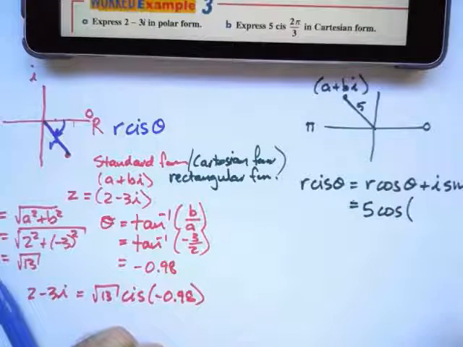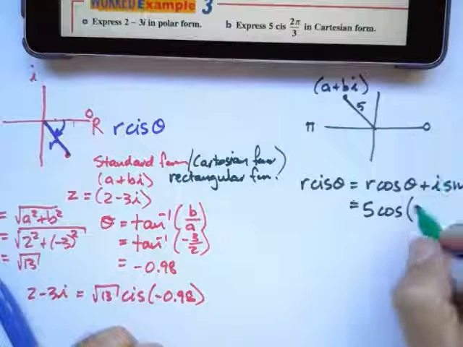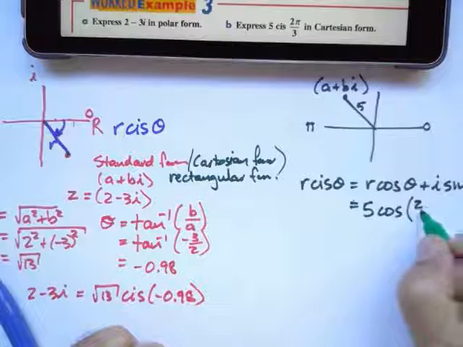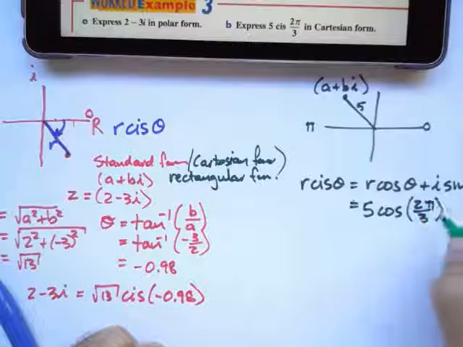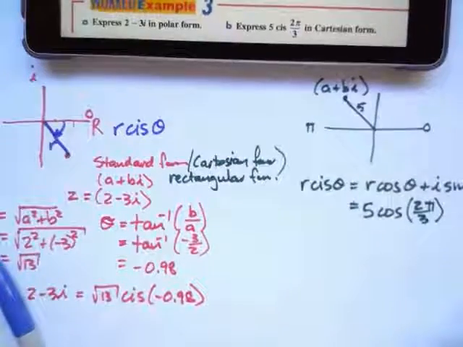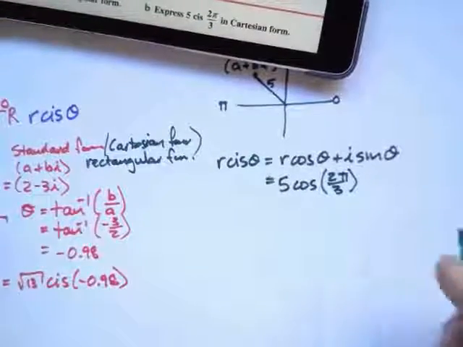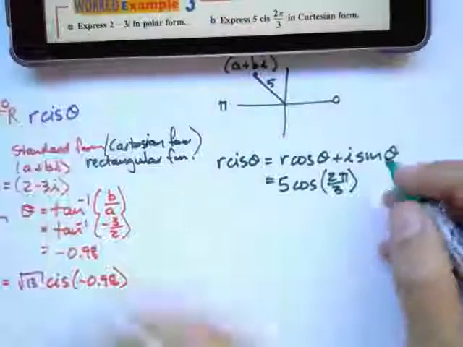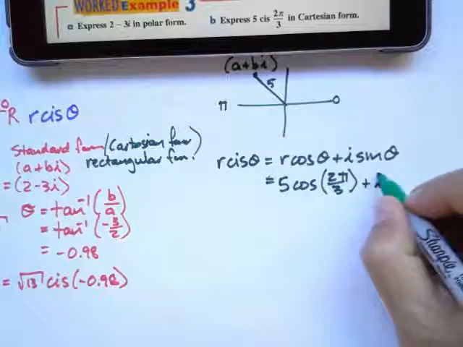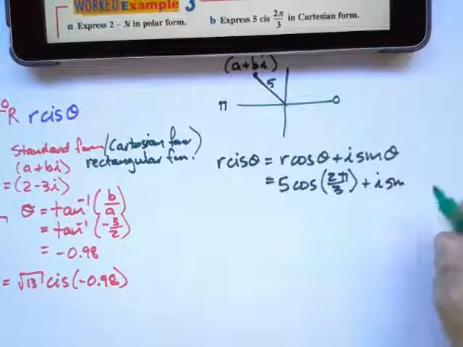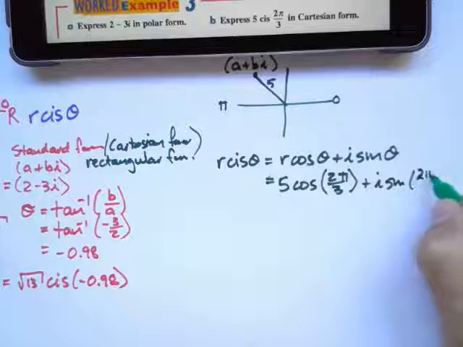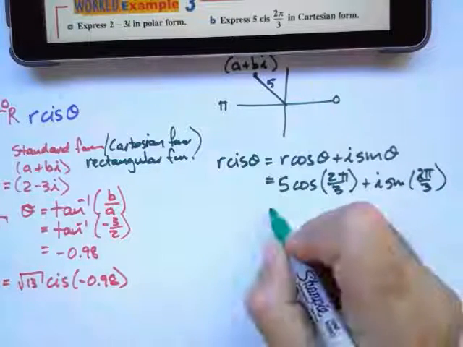The cos of the angle theta, they said theta is 2 over 3 pi, plus i sin of 2 pi over 3.